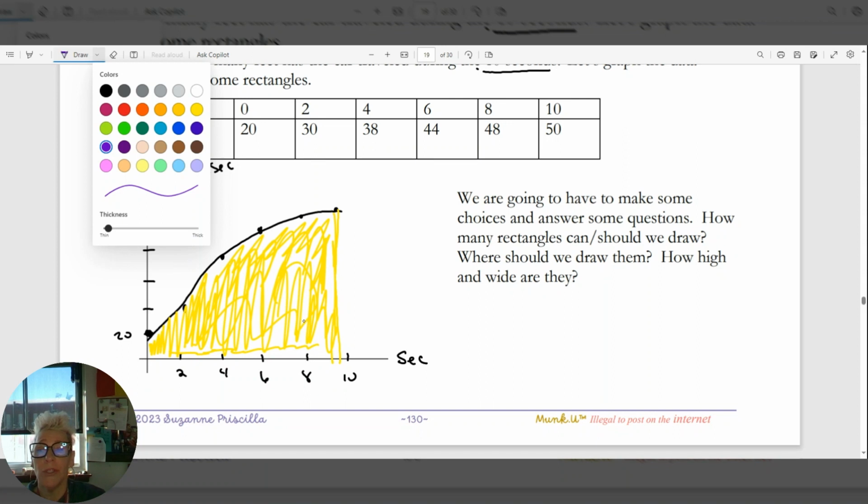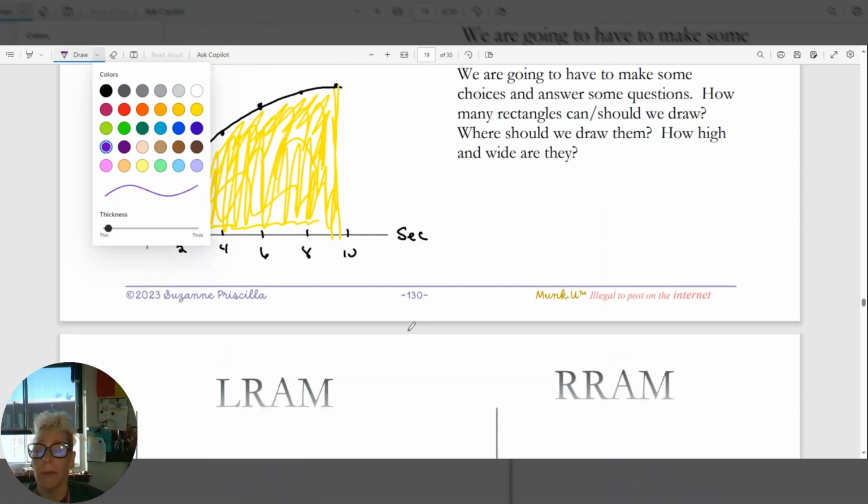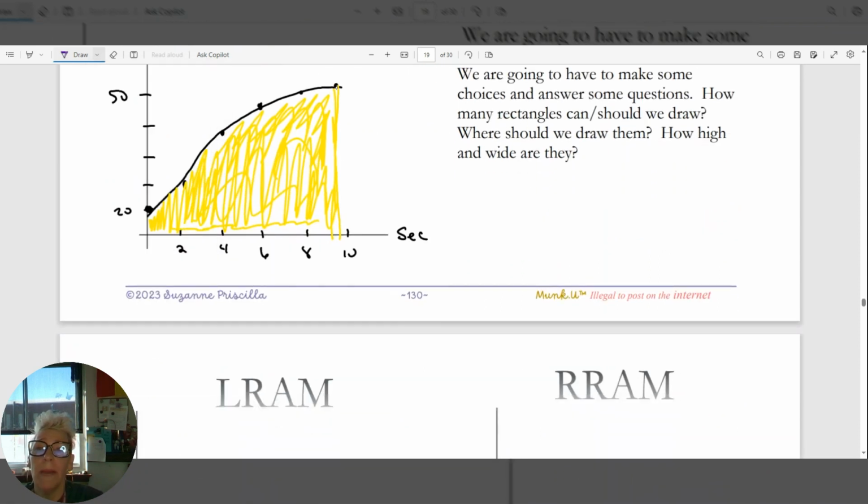Now, we can do this 2 ways. Let's talk about making this whole entire curve one big rectangle. Let me move this up a little bit. Well, if we make it one big rectangle, then we have a 10-second base. That's our width or our length, whatever you want to call it. But rectangles are straight across the top and on the sides.